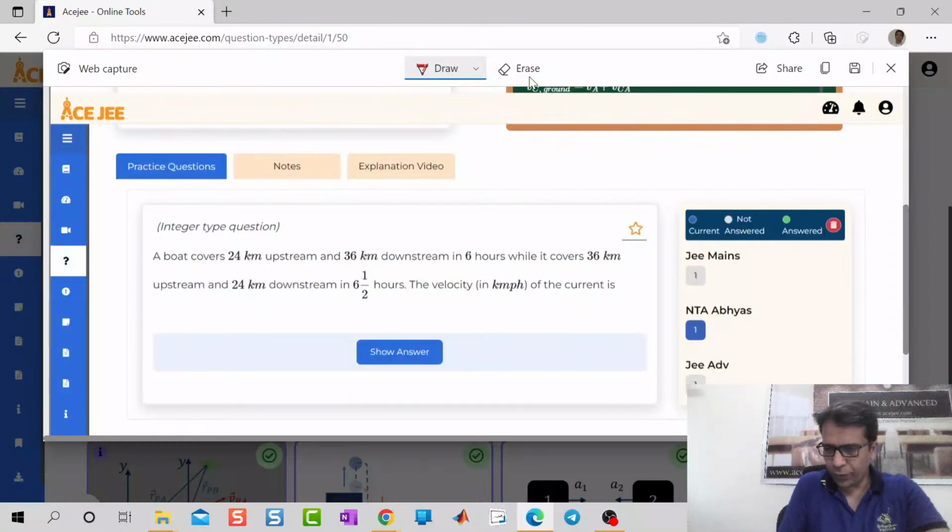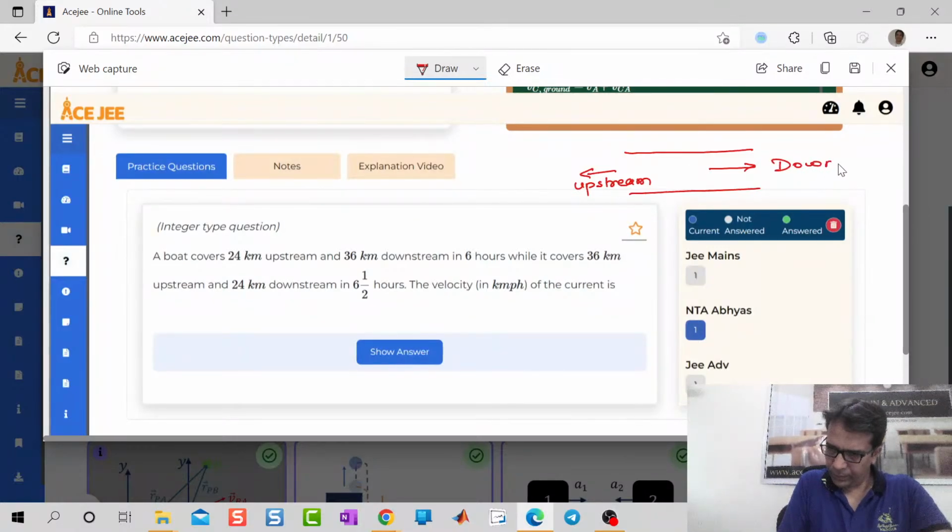If the water is flowing in this direction, then this is upstream. So I think I got the equations. I just have to solve it. Okay.